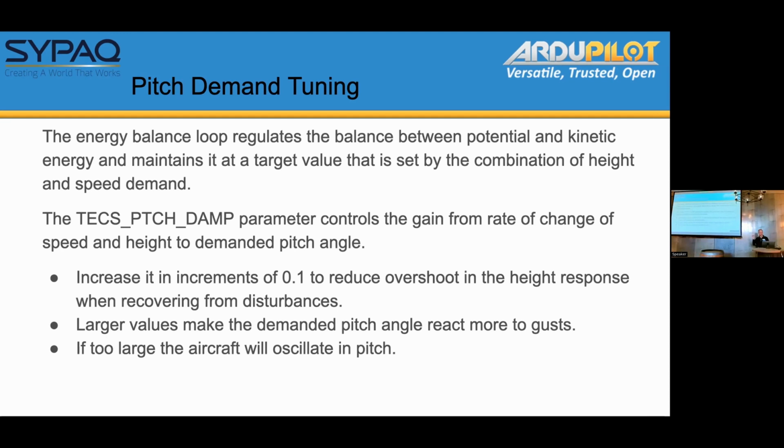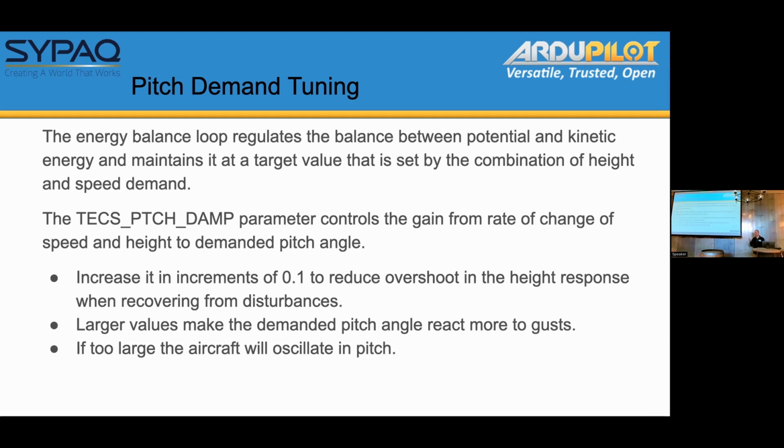So if you start to increase the damping on TECS, what will happen is you'll see the pitch angle will start to become very active. So it'll be demanding lots of small pitch angle changes, 2 degrees down, 2 degrees up, 3 degrees down, 1 degree up, trying to control the noise on the airspeed, reacting to noise and gusts that's encountered.